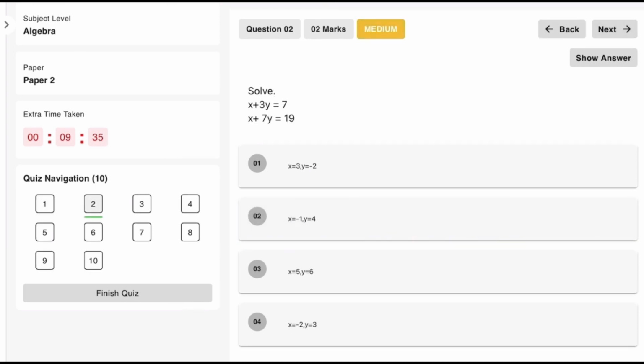Alright, this one. Okay, so I'm going to use the substitution method here. So I'm going to make x the subject. So this will be x is equal to 7 minus 3y, and then instead of x, I'm going to substitute this particular expression. So 7 minus 3y plus 7y is equal to 19.